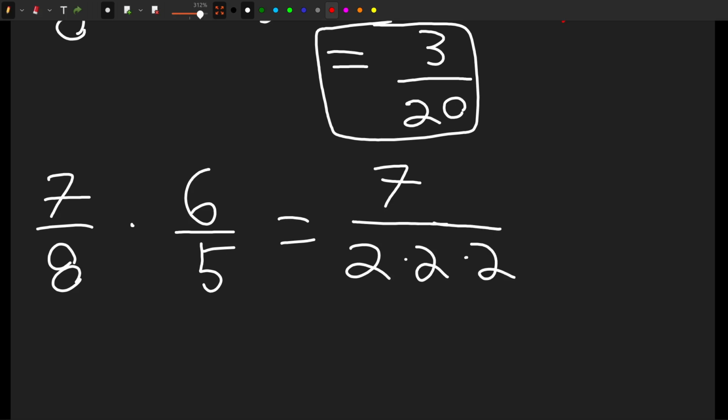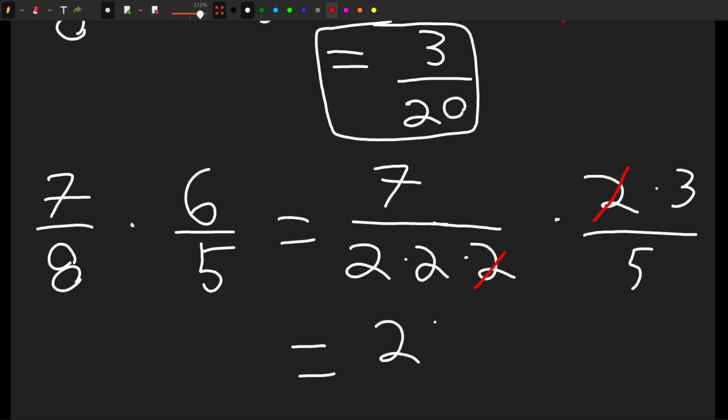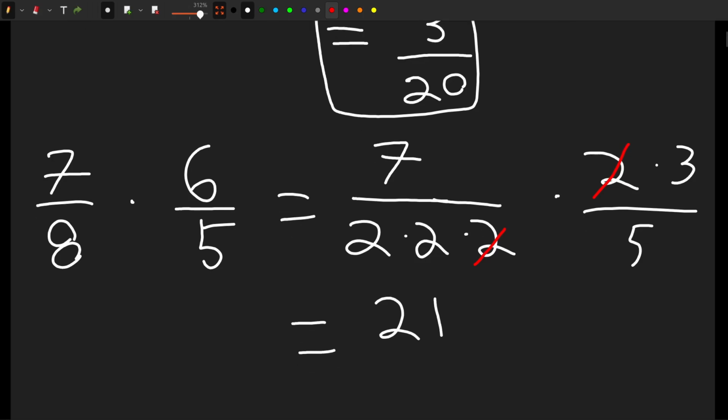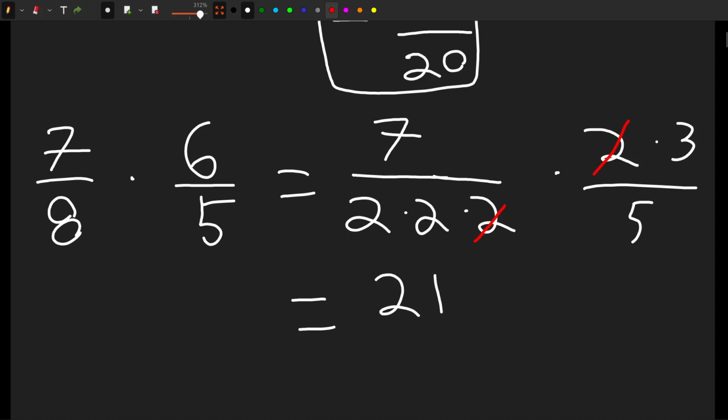Prime factorization of 8 is 2 times 2 times 2. 6 is 2 times 3. And then 5 remains the same. And so now I can simplify one 2 from the bottom, one 2 from the top. And now I will be left with my answer being 7 times 3 on the top, which is 21. And then on the bottom, I will be left with 2 times 2 times 5, which is 20.